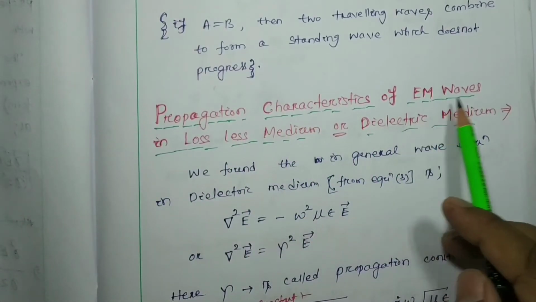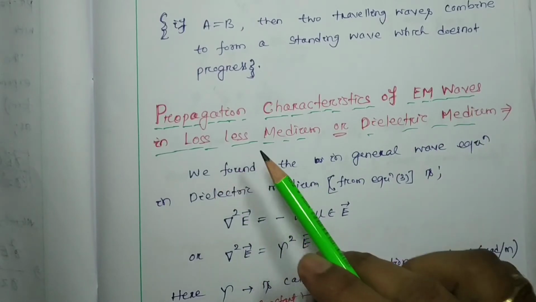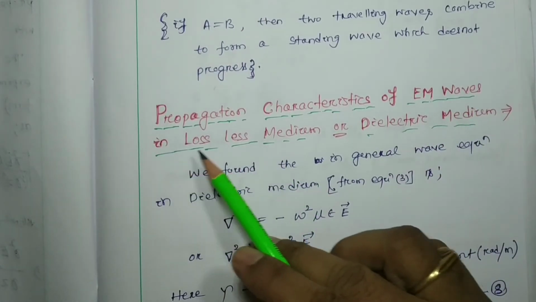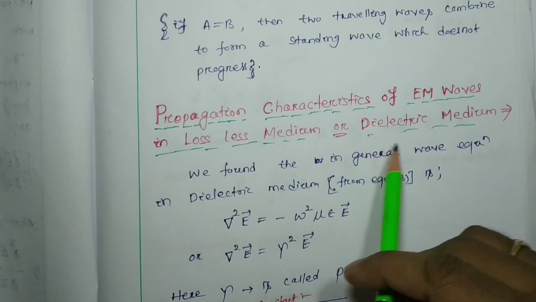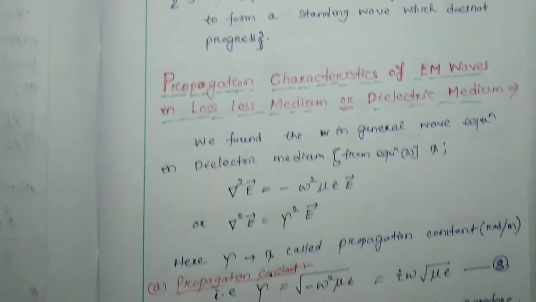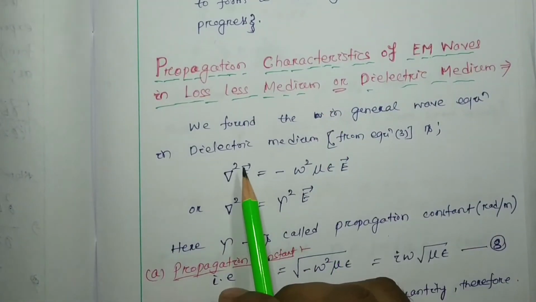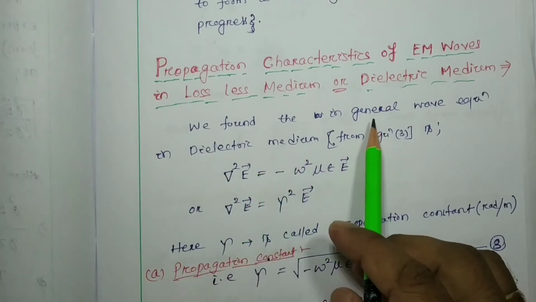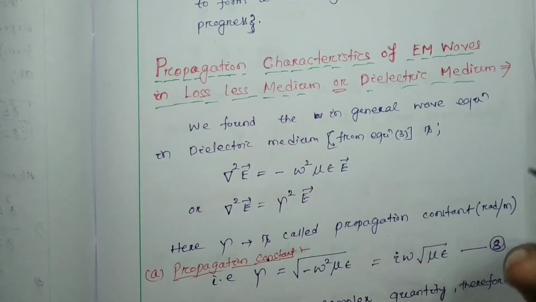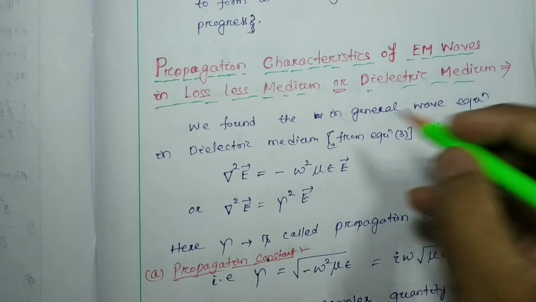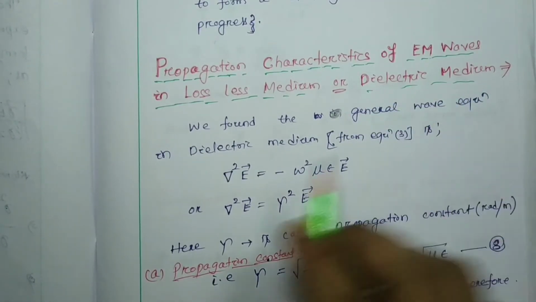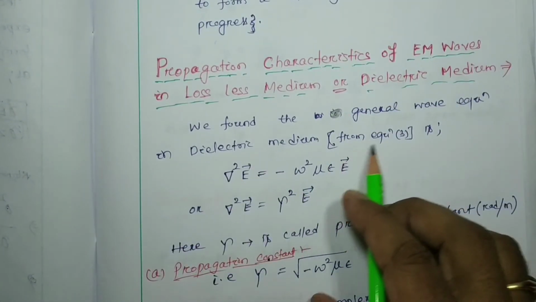Okay, now the propagation characteristics of electromagnetic waves in this medium, that is your lossless medium or dielectric medium. What are the characteristics? We found the general wave equation in dielectric medium, from equation number 3.